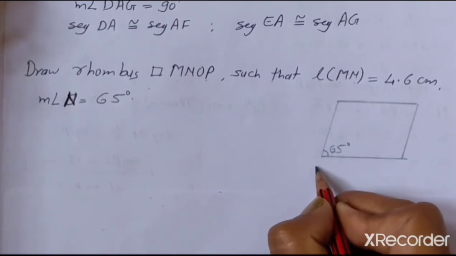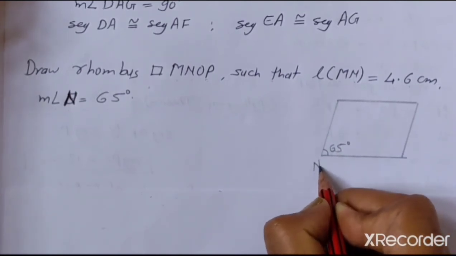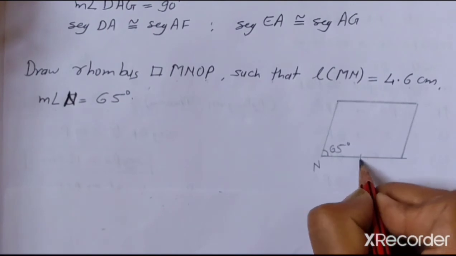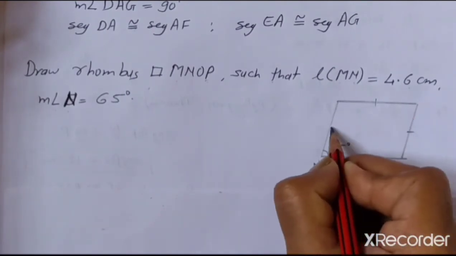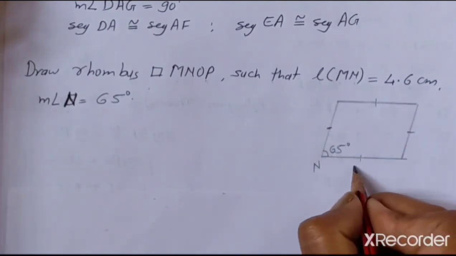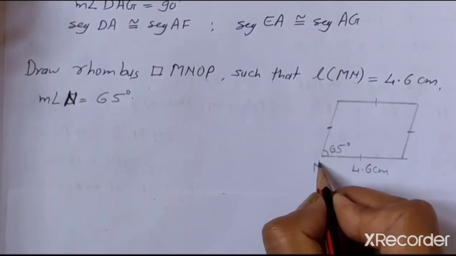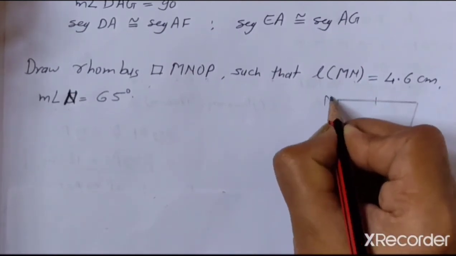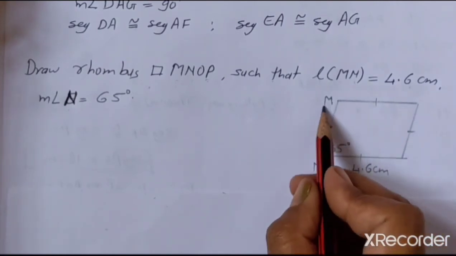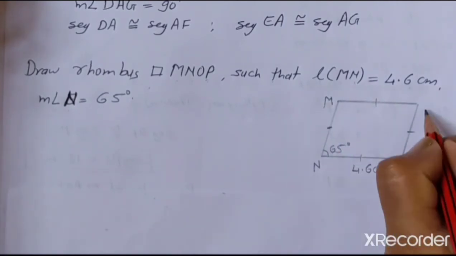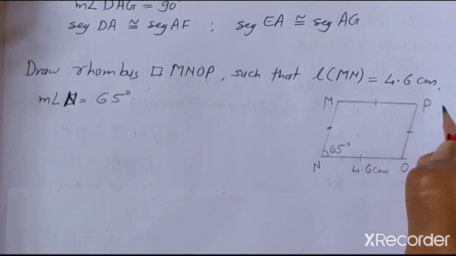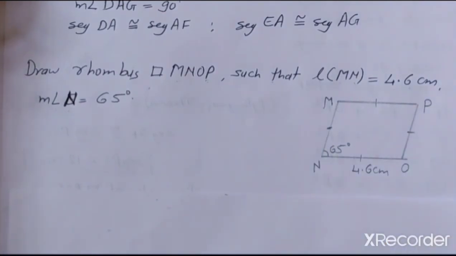So this is our point N. All sides are congruent, it is given 4.6 centimeter. So if you select N, here I am writing M, MNOP in anti-clockwise direction. Here I name it.